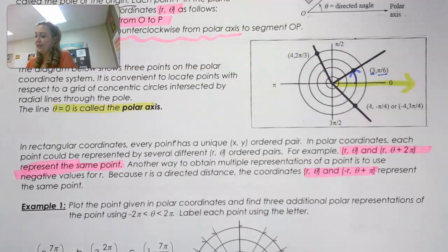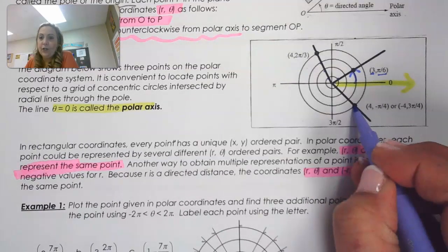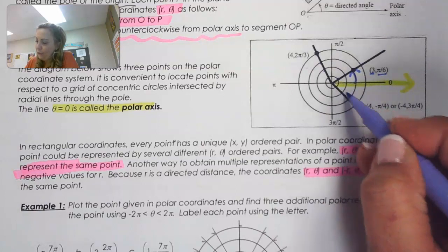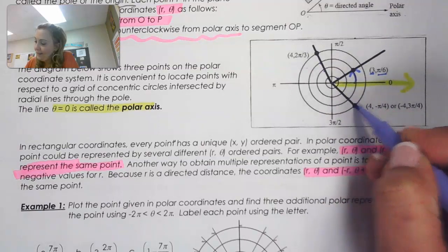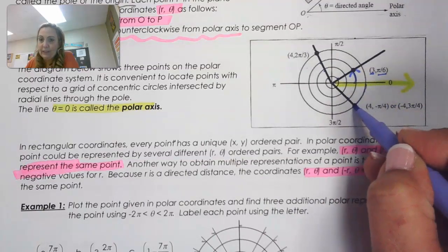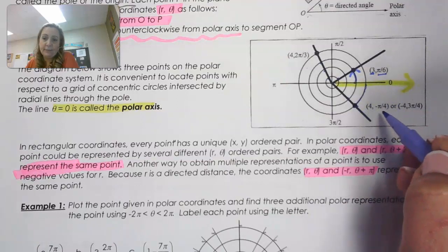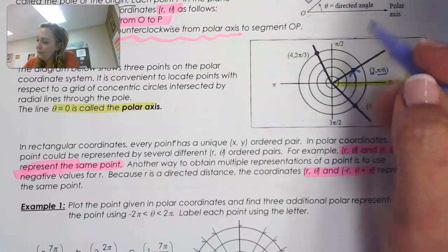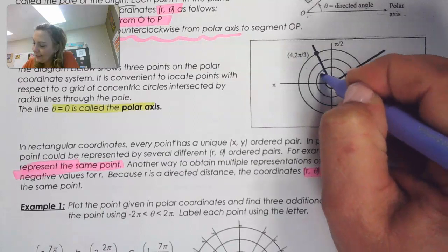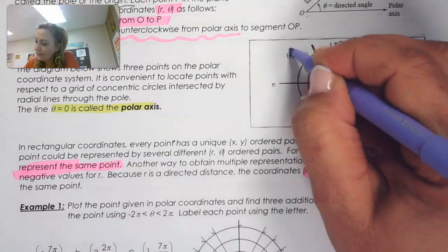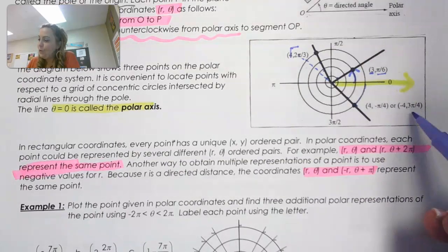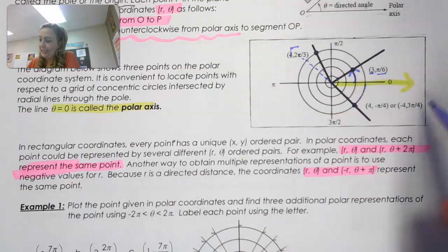So we said here that this point could be 1, 2, 3, 4 away, and then we can see that our theta would be this way, negative pi over 4. But let's say that we pretended to extend this out this way, and we went to an angle of 3 pi over 4 instead.